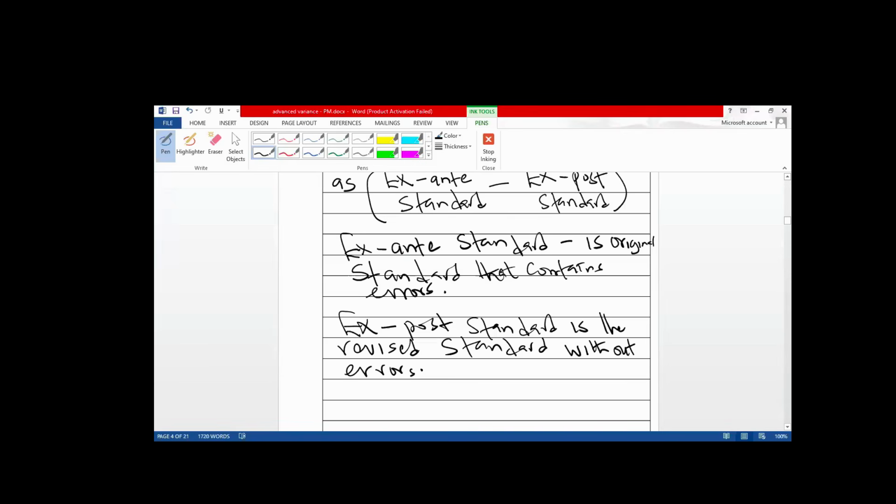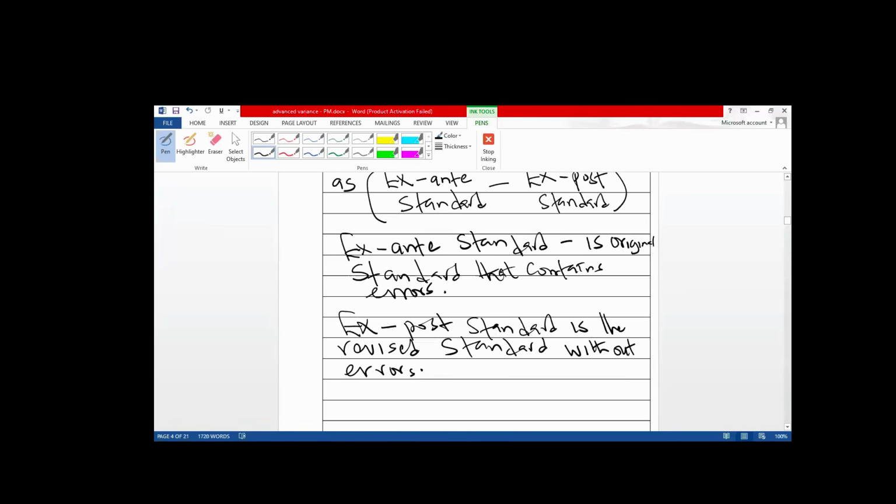Meanwhile, that 1 hour set by management is actually wrong. Maybe the standard should have been 1 hour 45 minutes. That means if you are taking more than 1 hour, it's not your fault.